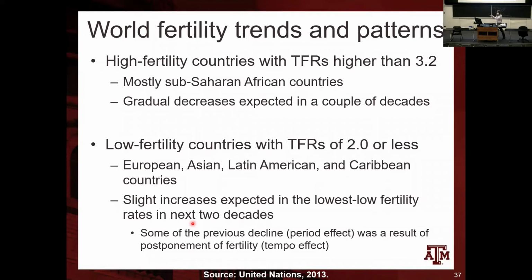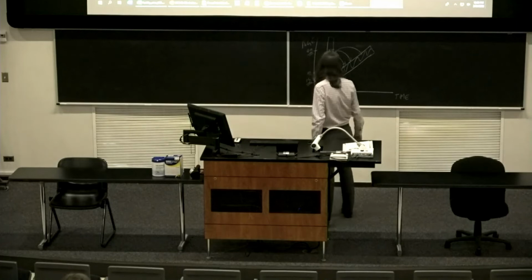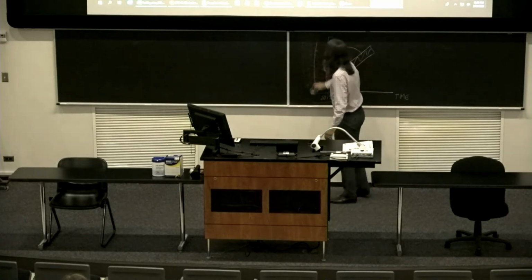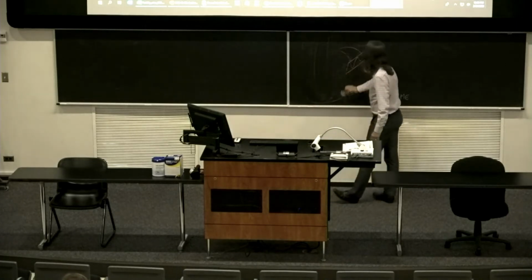When they postpone it, you have this immediate, short-term effect of decline in fertility, the period effect. But when they decide to actually have children later in their lives, fertility might come up. So what we might see as a negative effect at the beginning might disappear, or at least a little bit of it might come back in the next decades, showing that the effect was more related to a tempo effect, to a postponement in fertility.